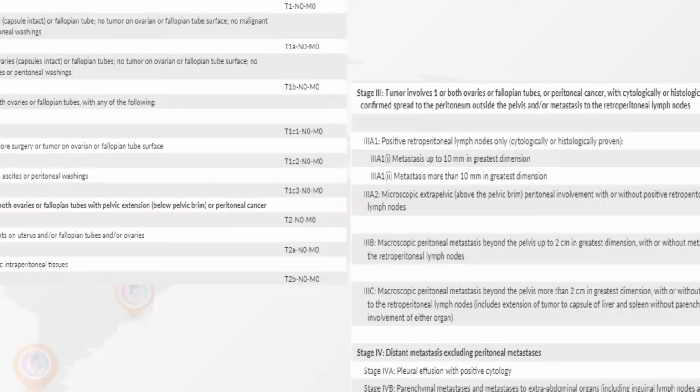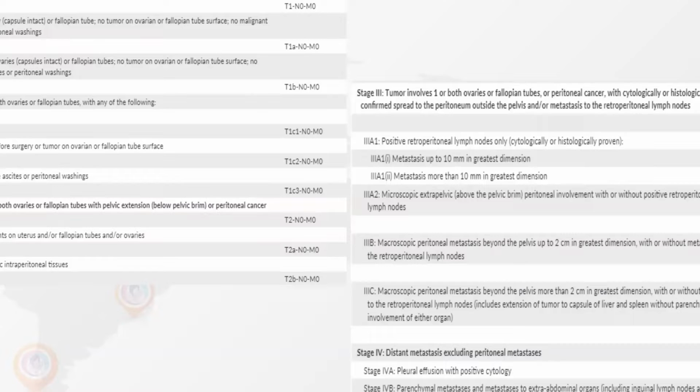In case there is microscopic extrapelvic peritoneal involvement with or without positive retroperitoneal lymph nodes, then it is 3A2. And in case the peritoneal metastasis is up to 2 centimeter in greatest dimension, then it is 3B. So if it is microscopic peritoneal involvement, that is 3A2, and in case it is macroscopic but up to 2 centimeter, it is 3B.